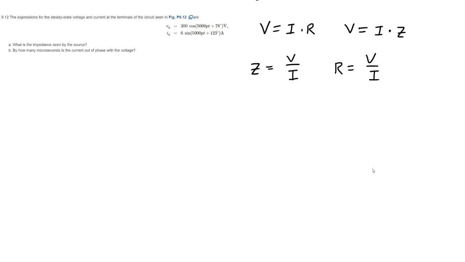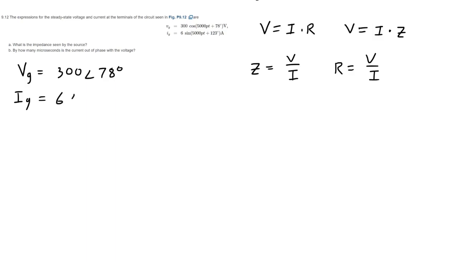So, if we have VG, let's turn VG into a phasor to make the math easier. So 300 and then a phase angle of 78 degrees. IG, let me make these capital, because when we use a transform, we usually change the case to make it more clear.